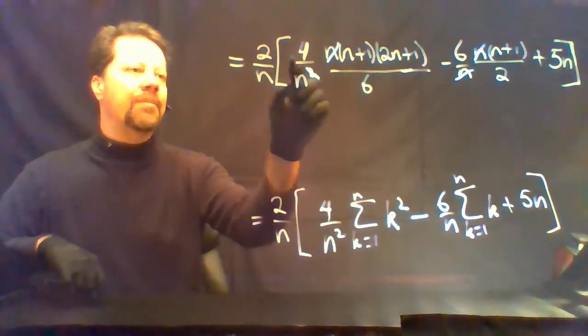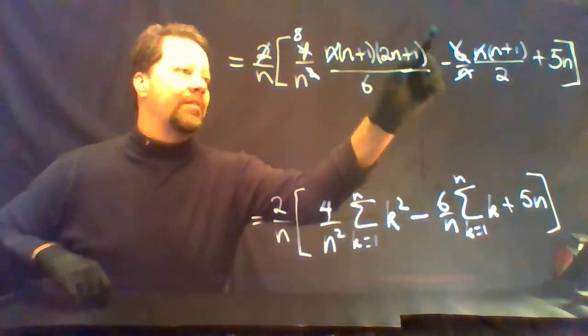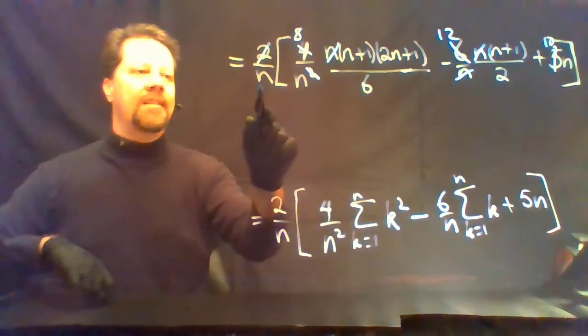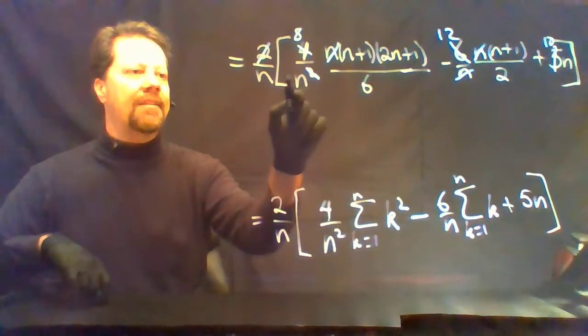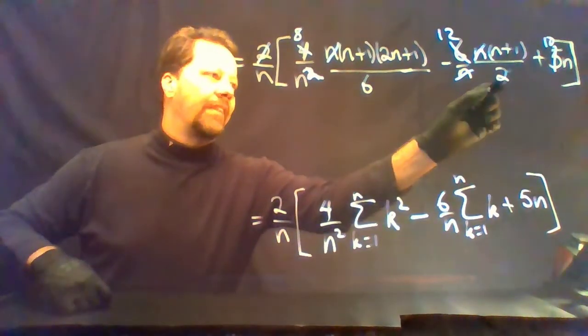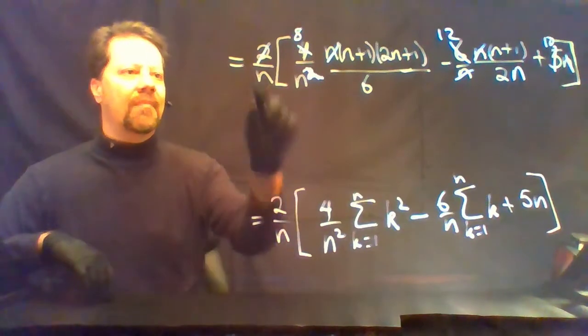If we do, this will be 8, this will be 12, this will be 10. This n is coming in, we'll get another n here, so it's back to n squared. We'll have an n down here, and this n will cancel.